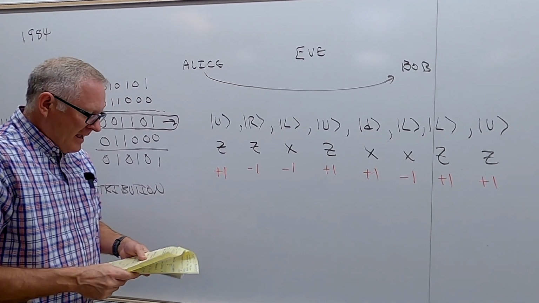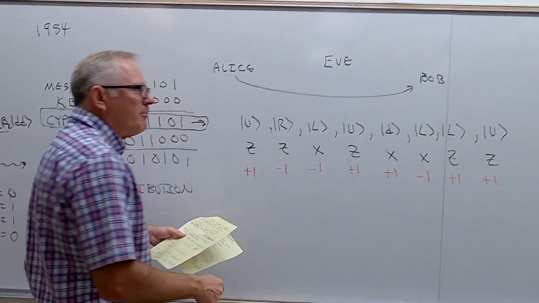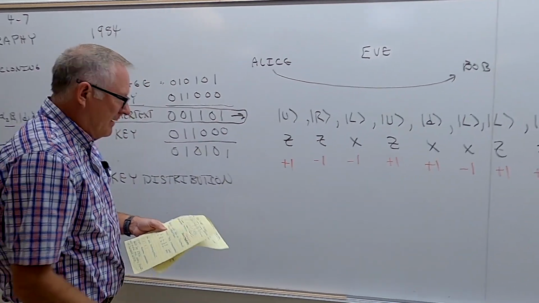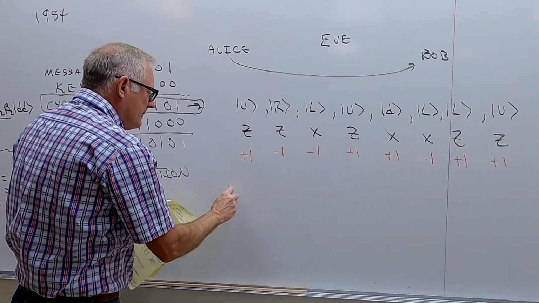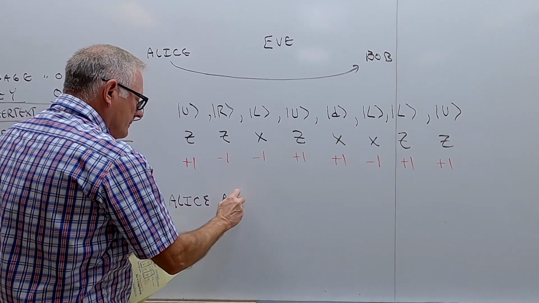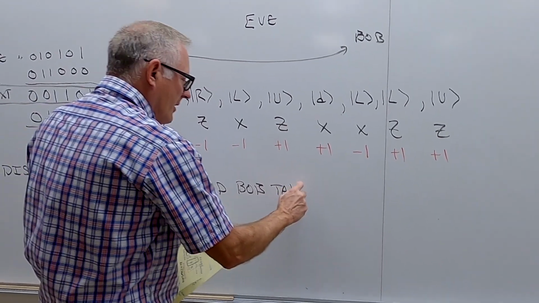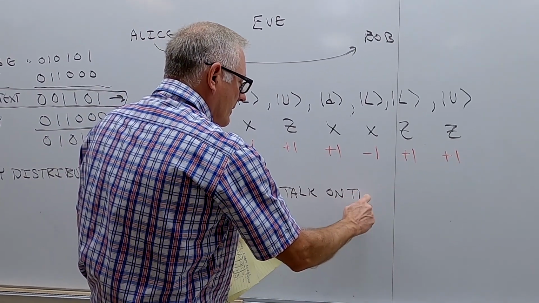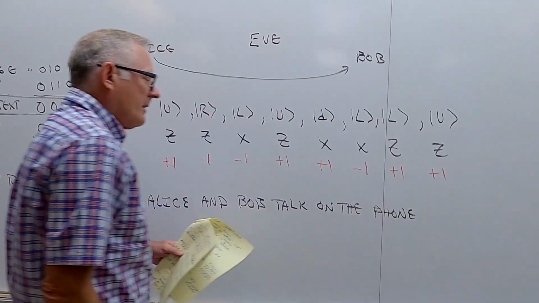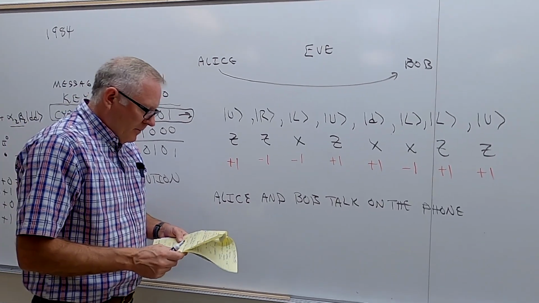Okay. So now Alice and Bob get on the phone, and they have a public conversation. That is, Eve can listen in on the conversation. It does not matter. So what does Bob say?